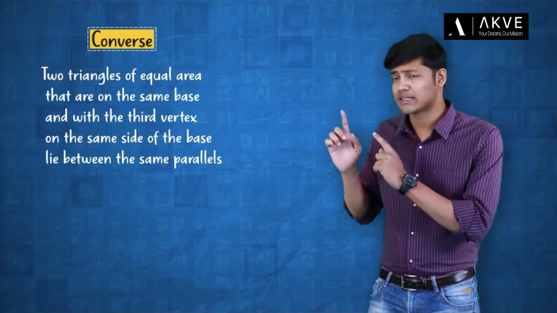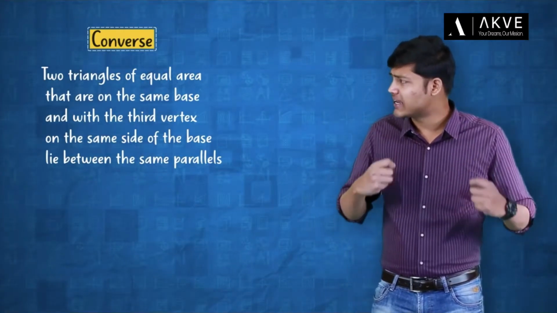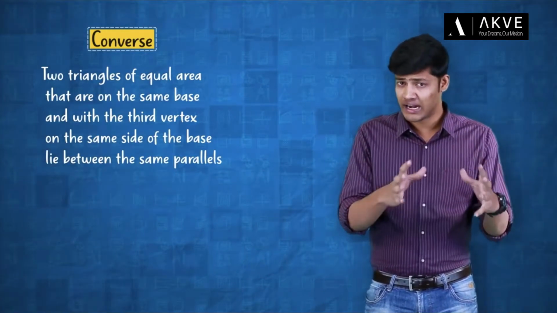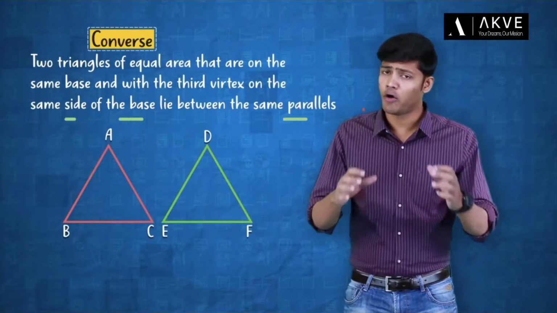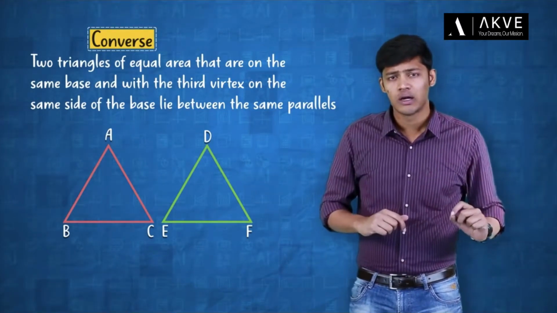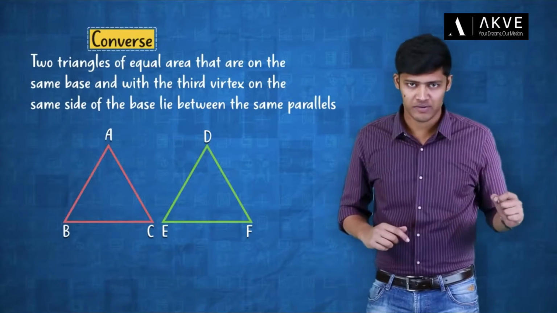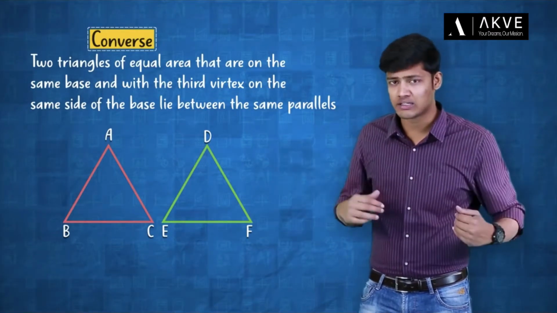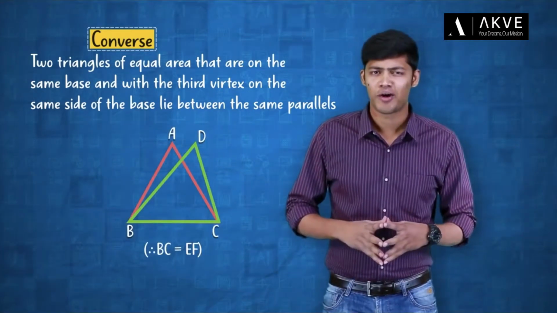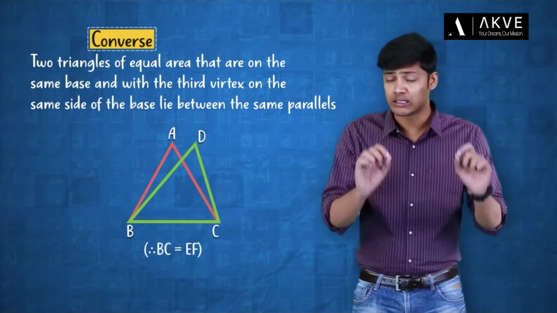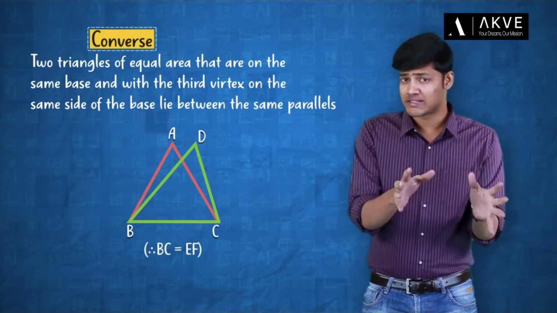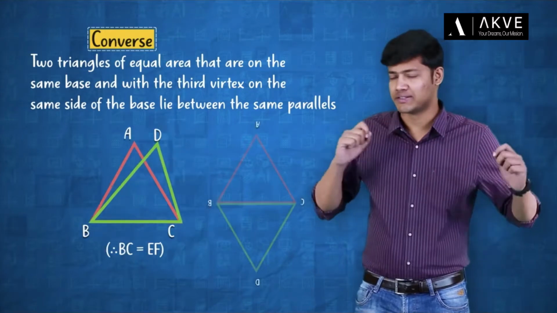First, let us understand the statement. The statement says there are two triangles of equal area. So, let's say these are the two triangles of equal area. The next part of the theorem says two triangles have the same base. So, these two triangles must be having the same base like this. Finally, it says that the third vertex must be on the same side of the base, which implies that the second triangle cannot be like this.